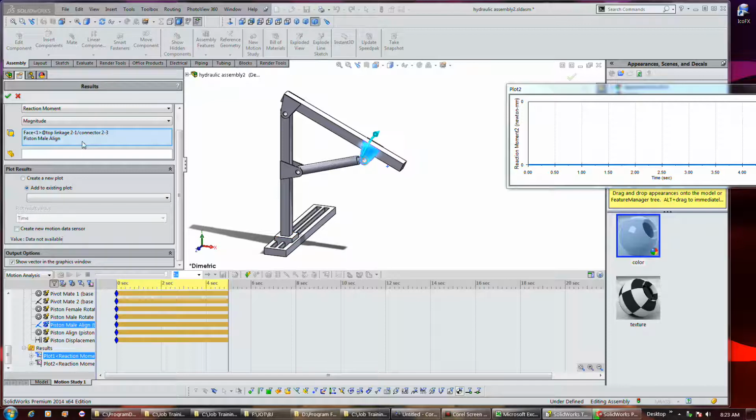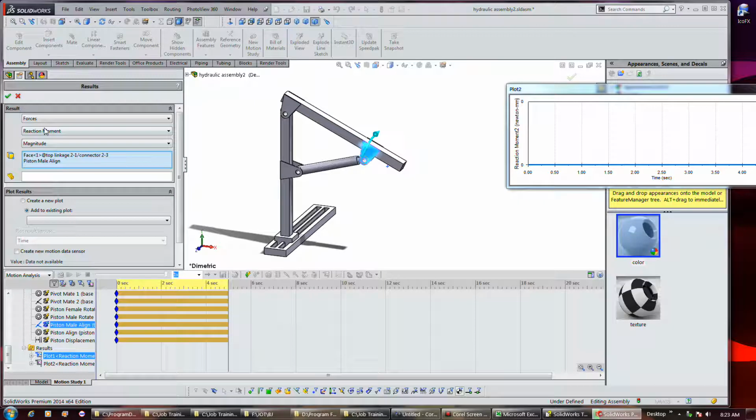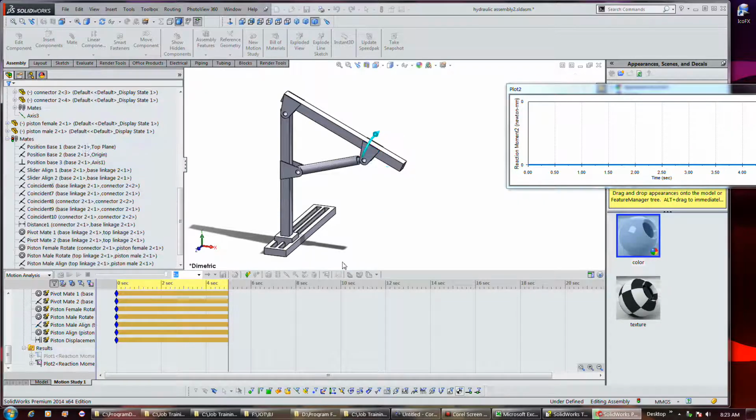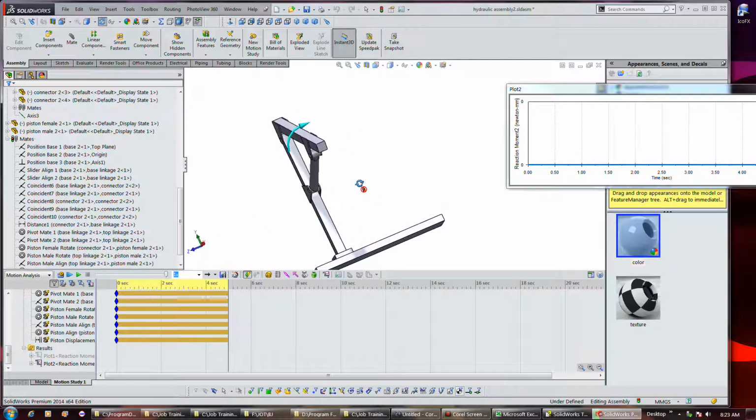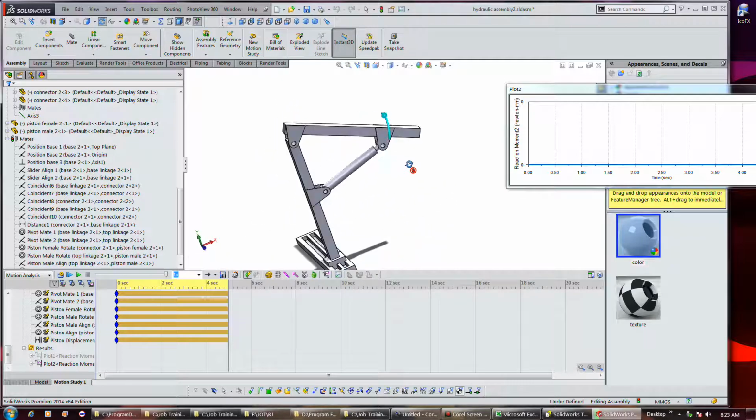You know, when you're creating these plots in motion studies, you do have an option down here to show vector in the graphics window. I didn't notice that. I was trying to figure out how to change the units of this thing, but okay.